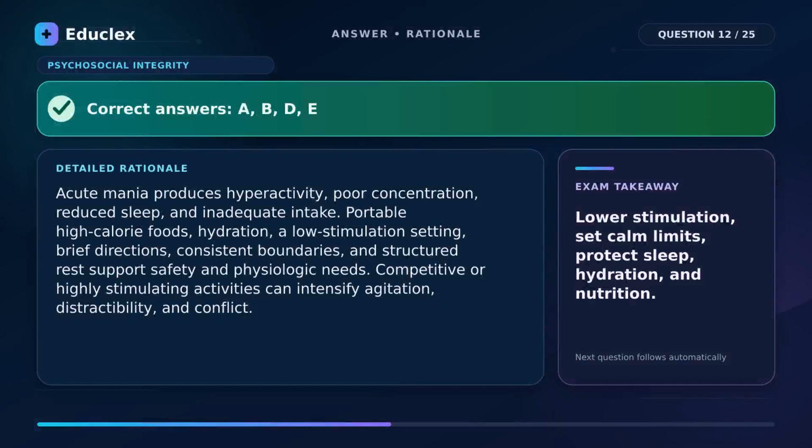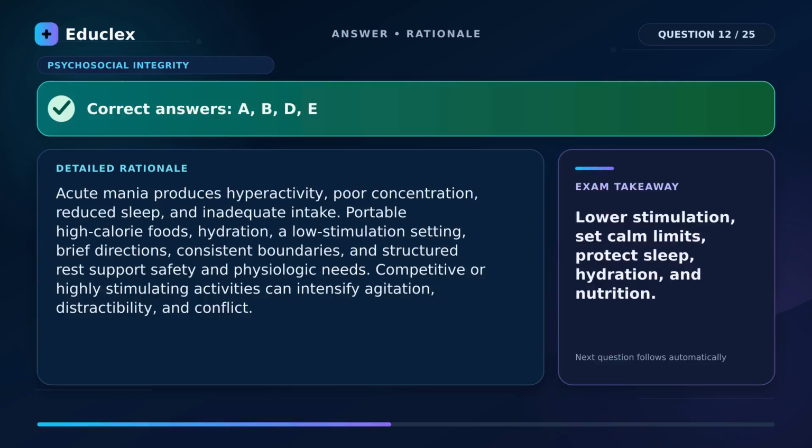Acute mania produces hyperactivity, poor concentration, reduced sleep, and inadequate intake. Portable high-calorie foods, hydration, a low stimulation setting, brief directions, consistent boundaries, and structured rest support safety and physiologic needs.